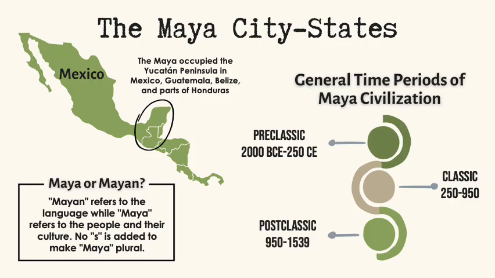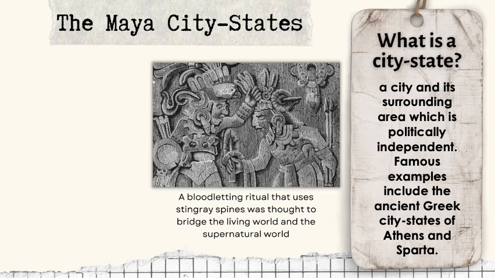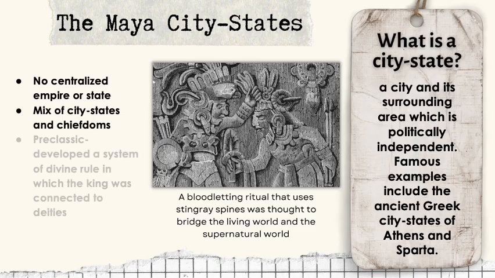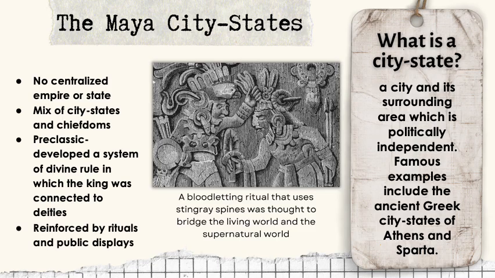As pictured here. So the basic structure of the Mayan civilization changed during its long existence, but it was mostly characterized by city-states and sometimes chiefdoms, where kinship plays a larger role in determining political structure.